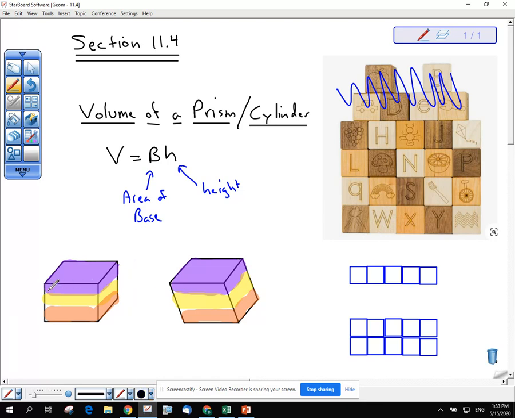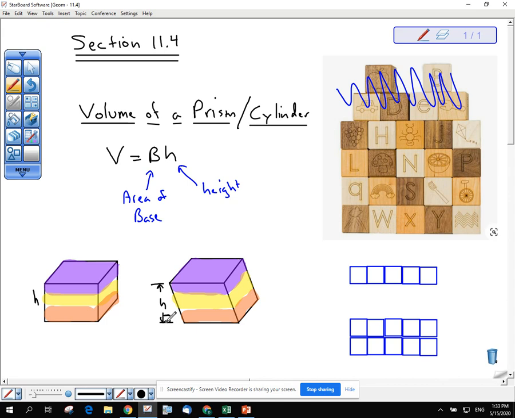Whether the length is vertical, or whether it's slanted like this, the height is still vertical. So the height is like this, perpendicular with the ground, floor, table, whatever it's on.